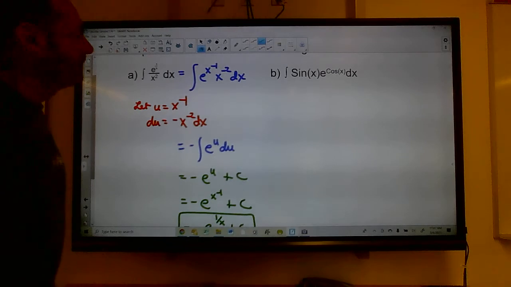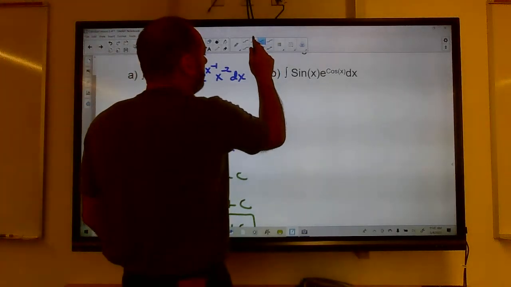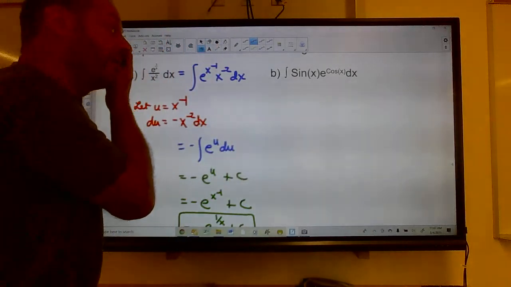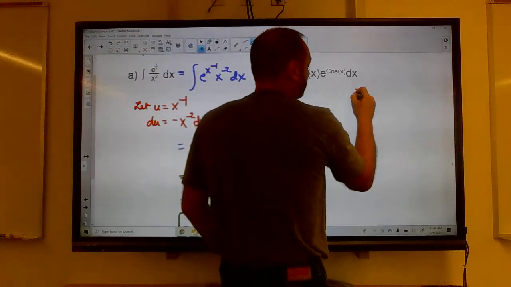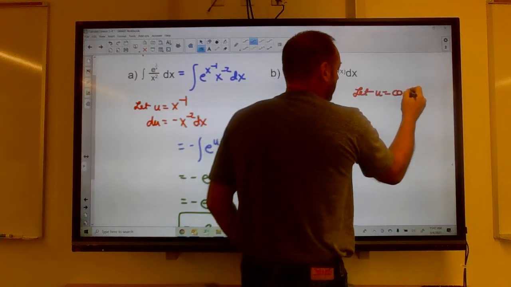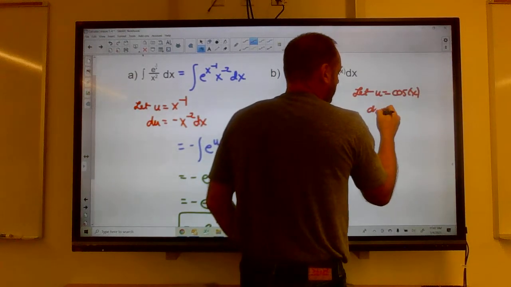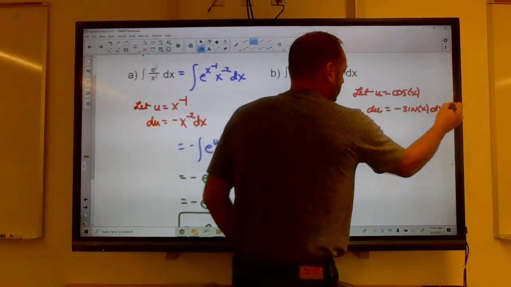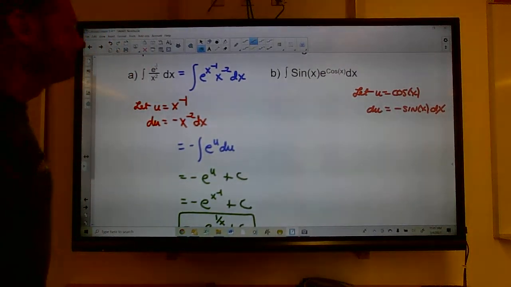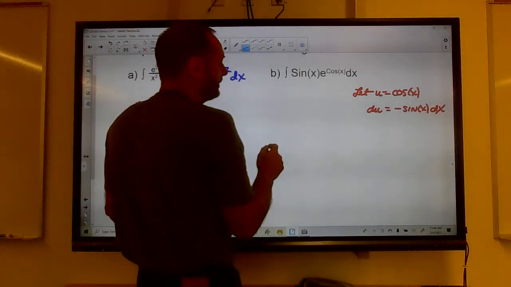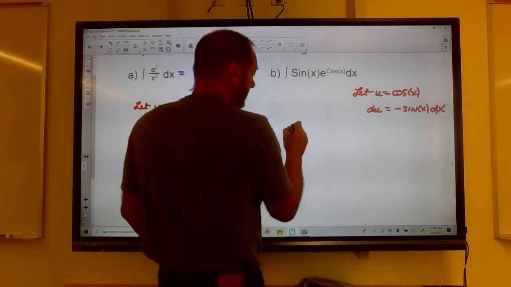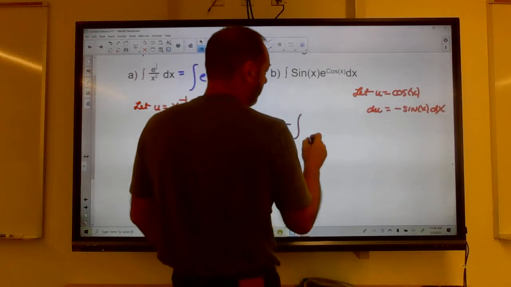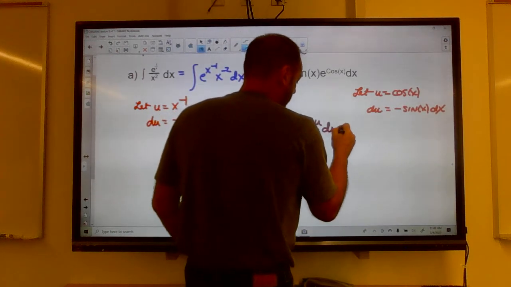Okay, let's look at this one here. We've got the integral of sine x e to the cosine x dx, so we can let u equal cosine x, so that du is negative sine x dx. So now we can rewrite this as the negative, get rid of that negative, integral of e to the u du again.